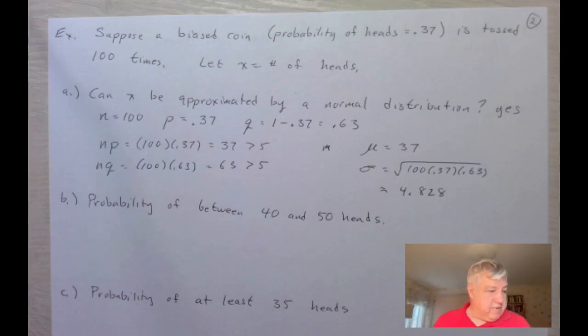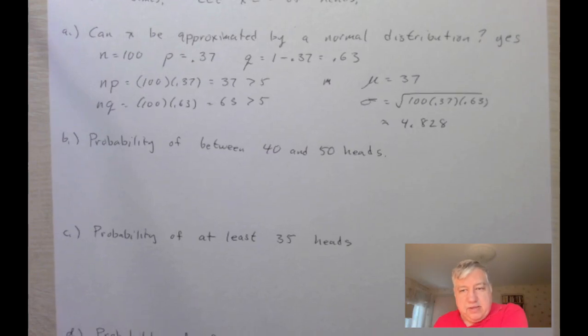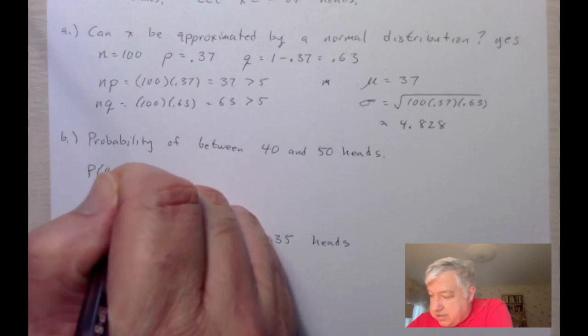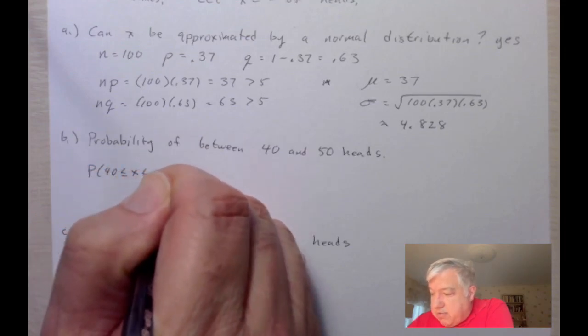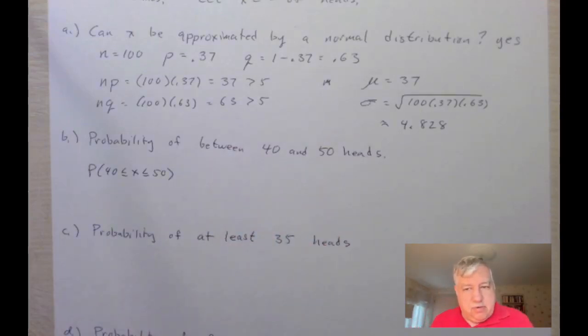So if we want to find the probability of, let's say, between 40 and 50 heads, inclusive, this will be the probability that x is between 40 and 50. This would be the area under the curve between 39.5 and 50.5.